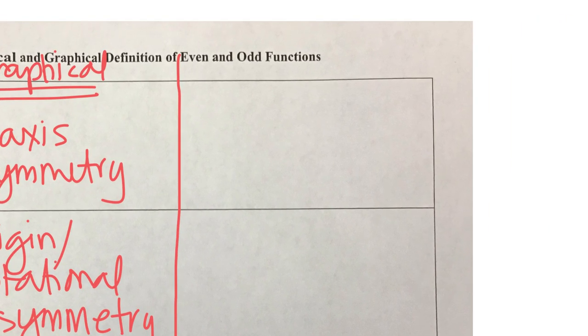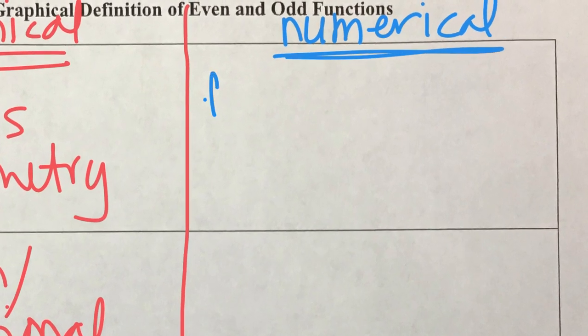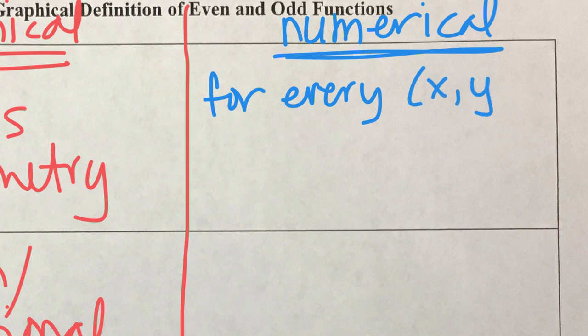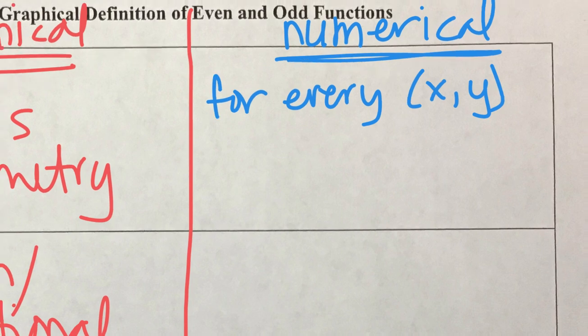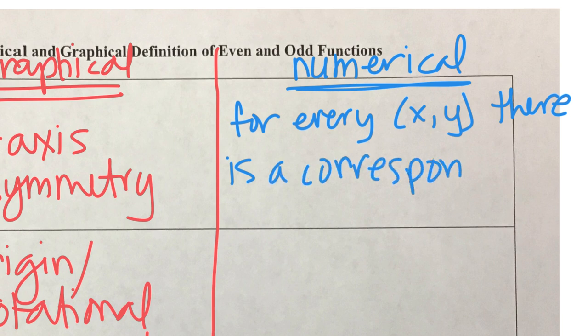Now, what did you notice about the numbers? So these are the point values. Numerically, for every (x, y) on the graph, there is a corresponding what point? What happens to the variables? (-x, y).